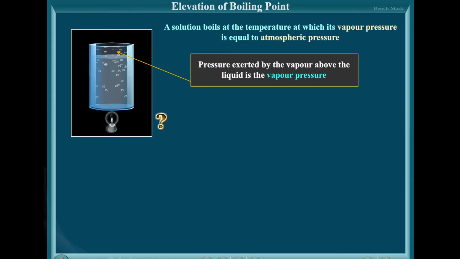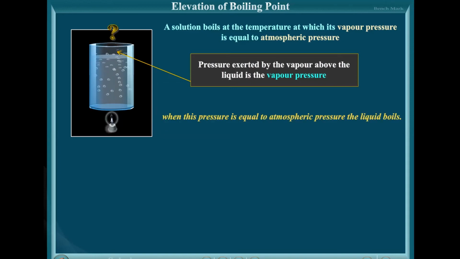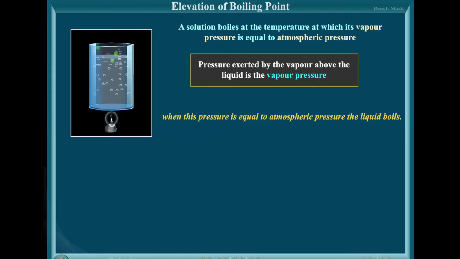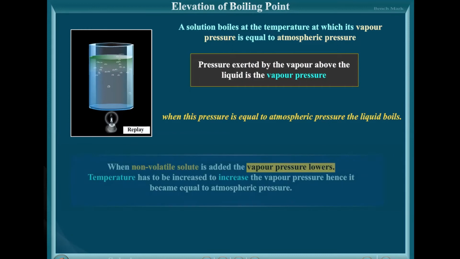As I have told you earlier, there is a pressure being exerted above the liquid which is called the vapor pressure. When this pressure becomes equal to the atmospheric pressure, the liquid will boil. Now we are adding a non-volatile solute, you can see the green balls there, to the pure solvent. What will happen?